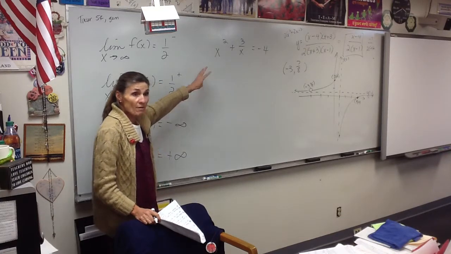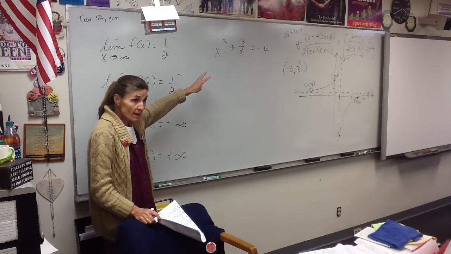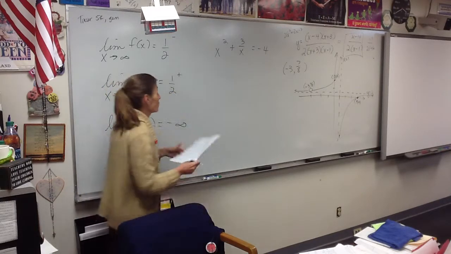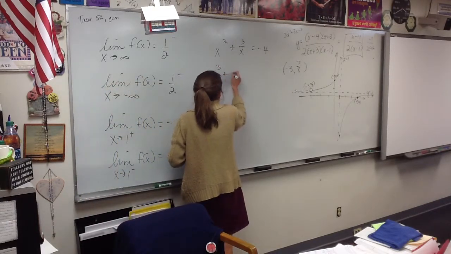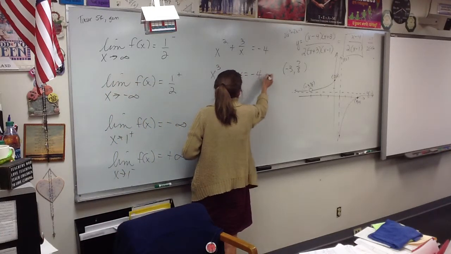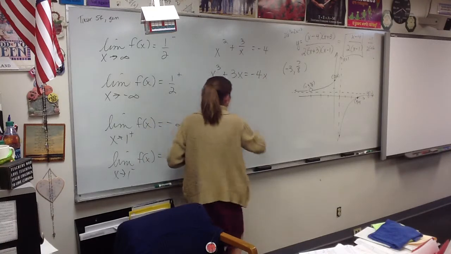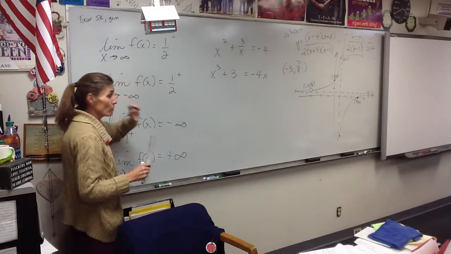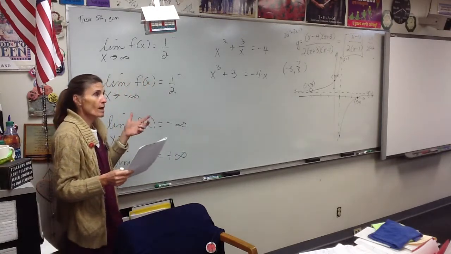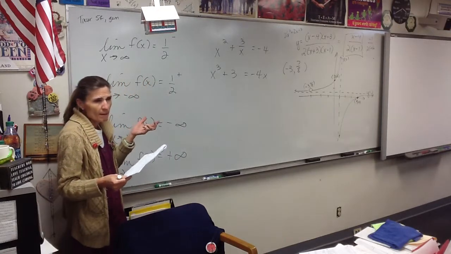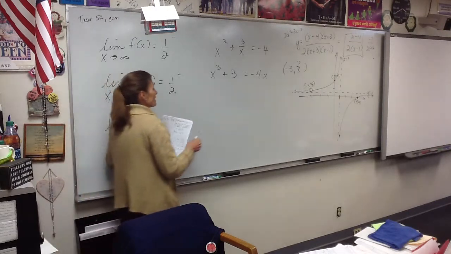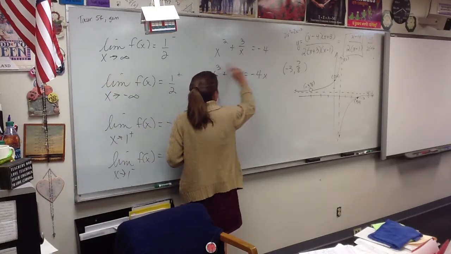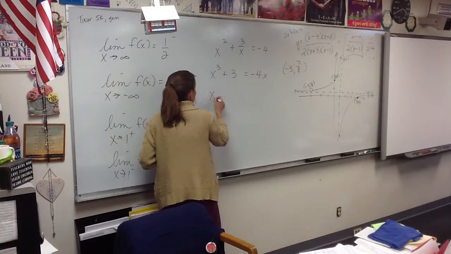So if you'd rather times everything by x, you're allowed. So if you would rather get rid of the fraction, now you're going to go to your calculator either way, so it truly doesn't matter. But you might like the looks of the picture better if you just multiply through by x.